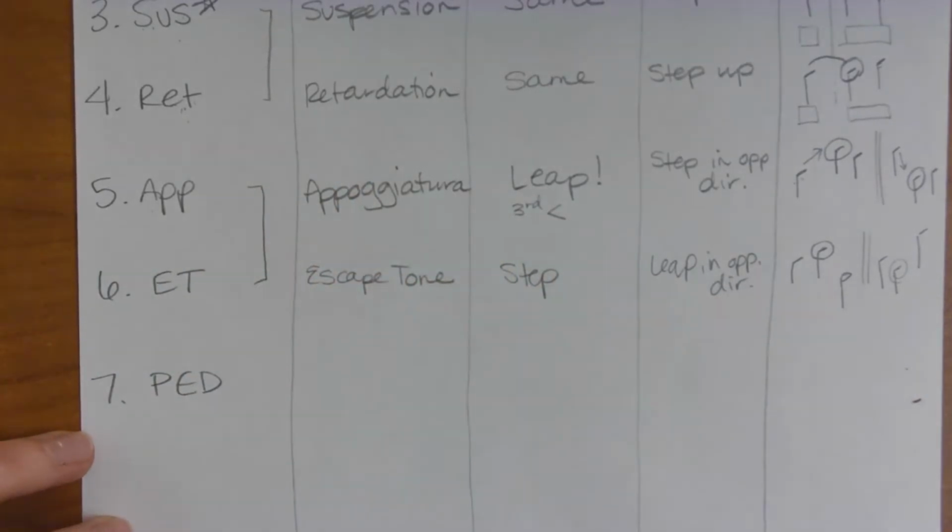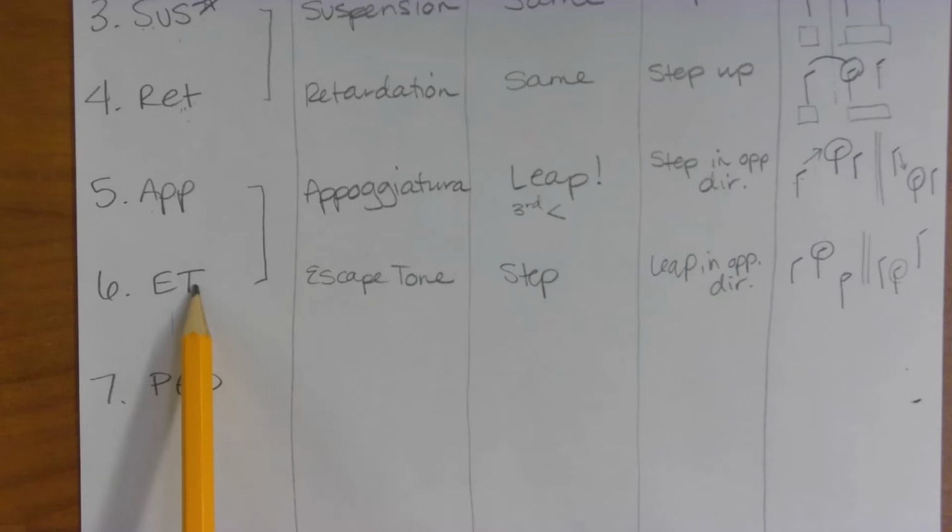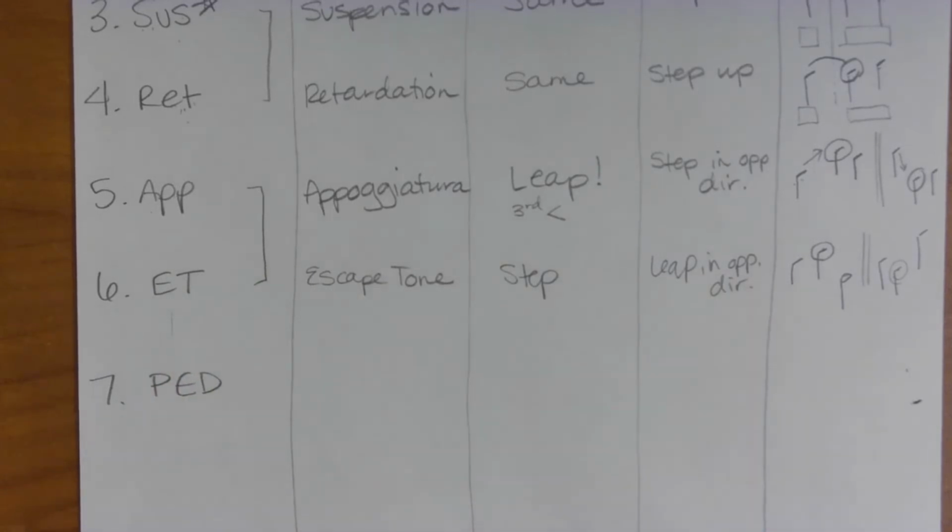Like before, link them together so that you remember that escape tone and appoggiatura are linked. A lot of times people forget which one does which first. Not that it's the greatest analogy in the world, but it kind of works. I like to use the analogy of skydiving. If you're going to skydive, you're going to escape out of the plane.